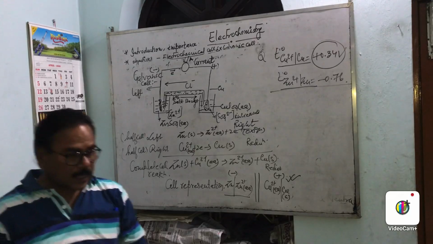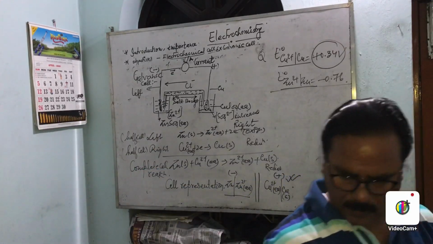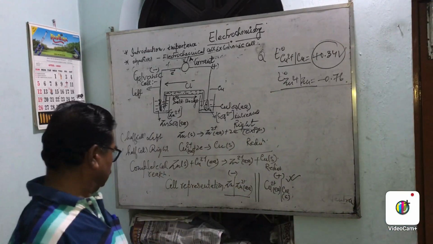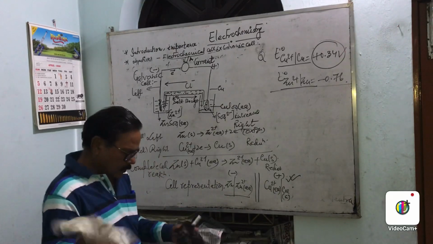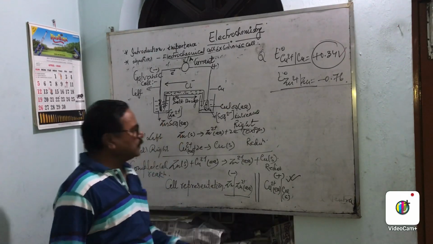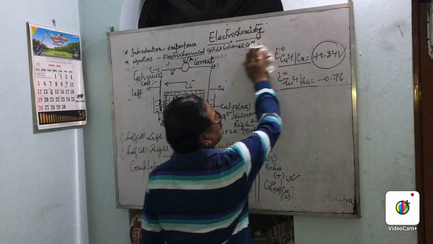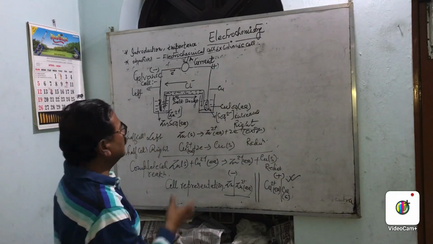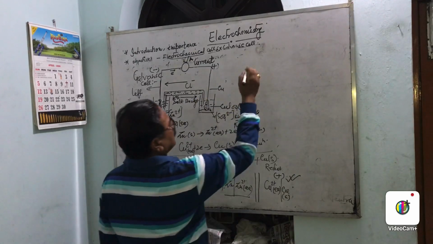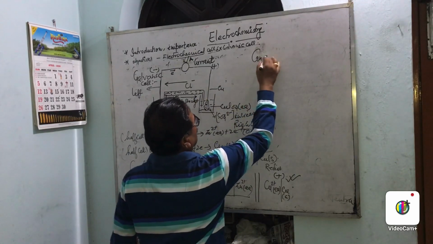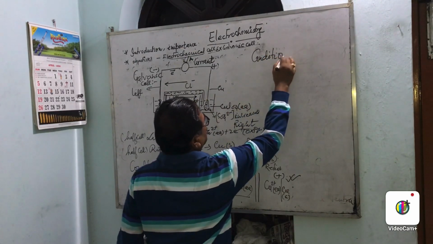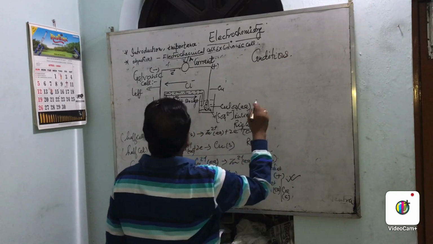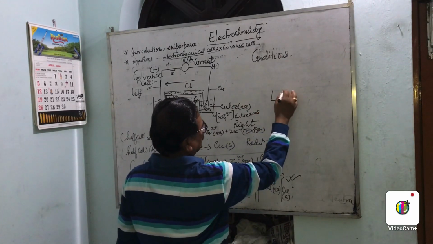Now, a condition arises here. There are three figures in this. Before going to the figure, it is taken as the EMF of the cell. There are three conditions. This is a simple figure I will take.